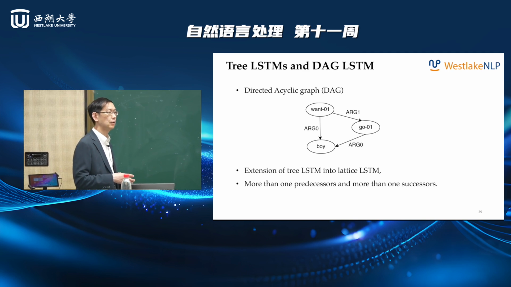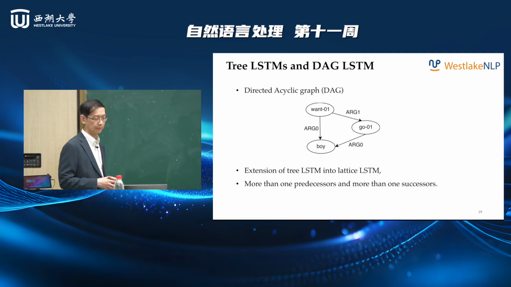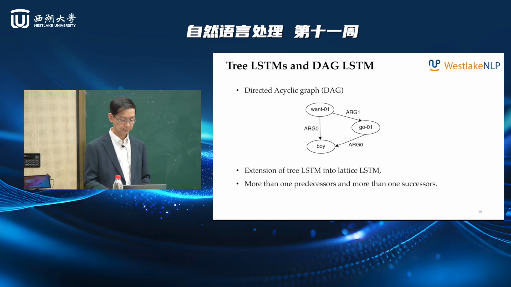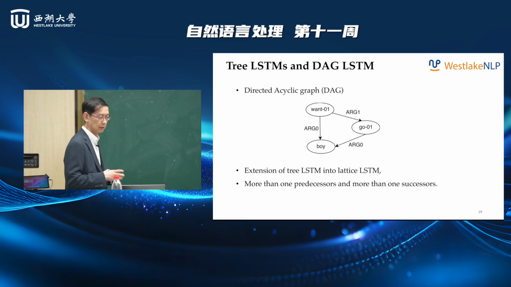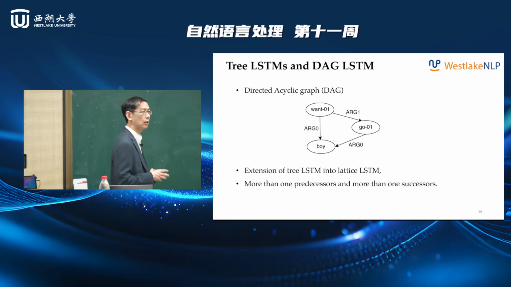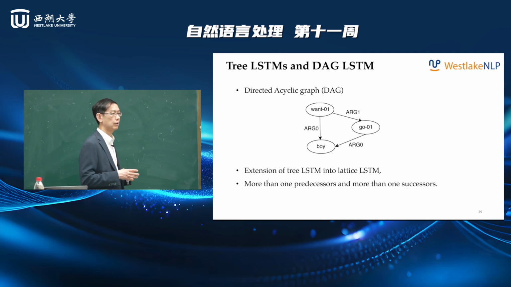And I want to represent the semantic graph. Okay? How do I do that? So if you look at the semantic graph, what's the difference between the graph and the tree?